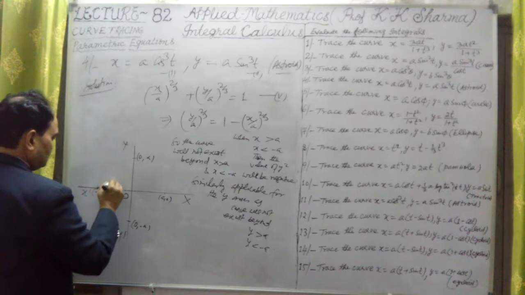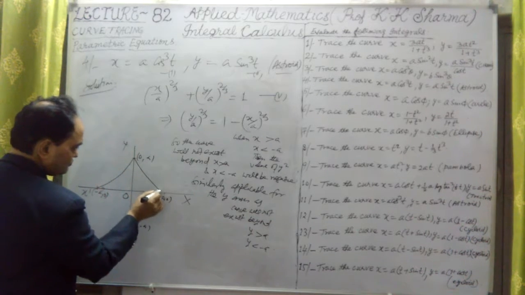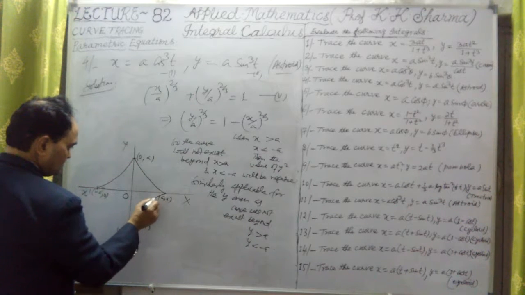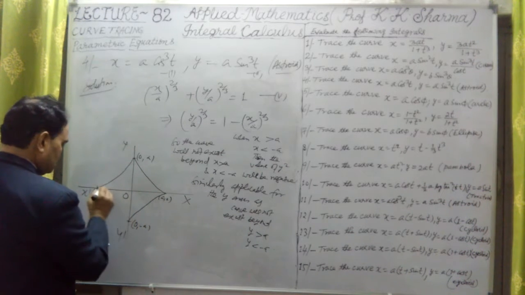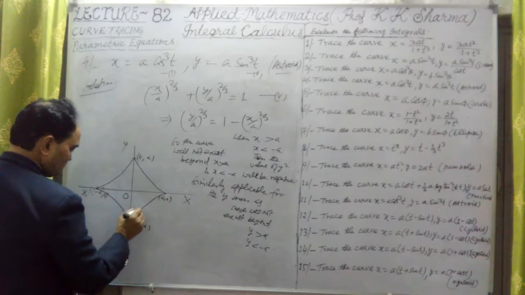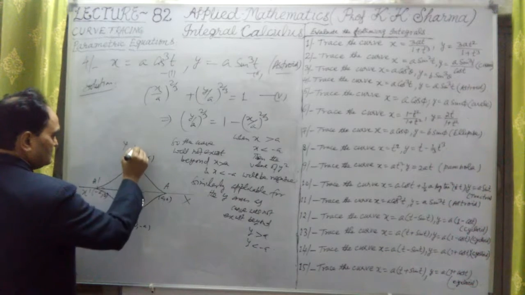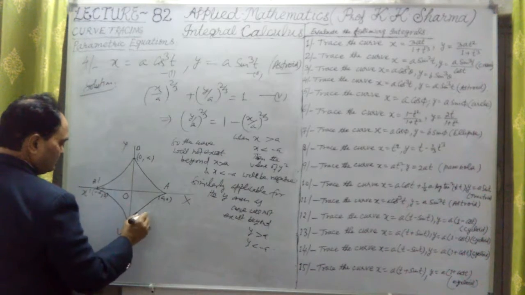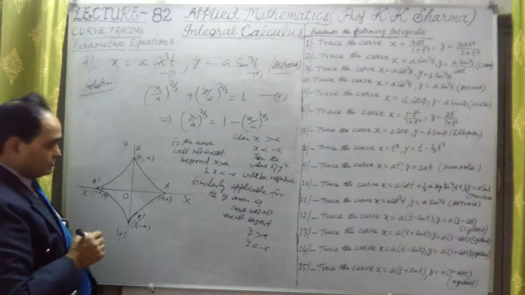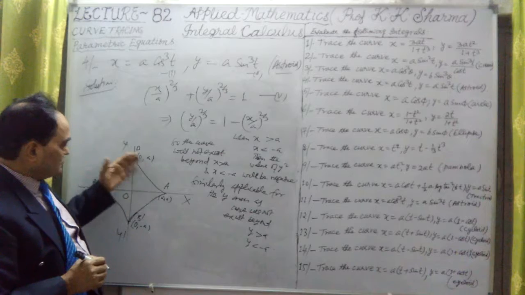Let me join them. All the 4 points which are lying on the axis. This is point A, A dash, this is B, B dash. So these are the 4 points.